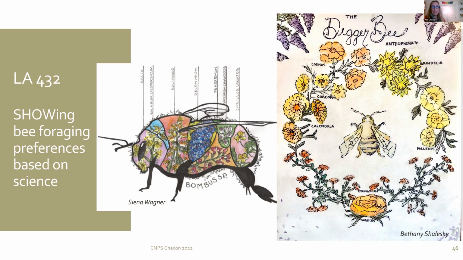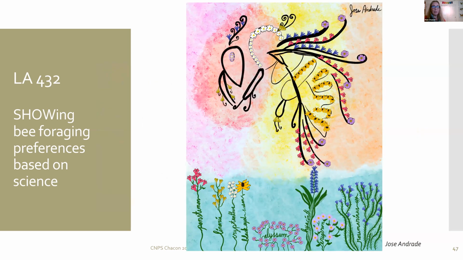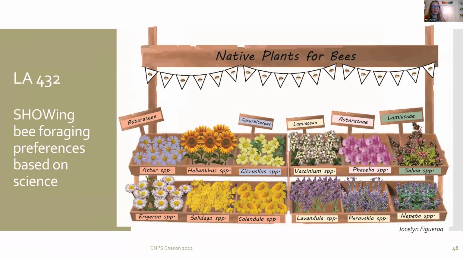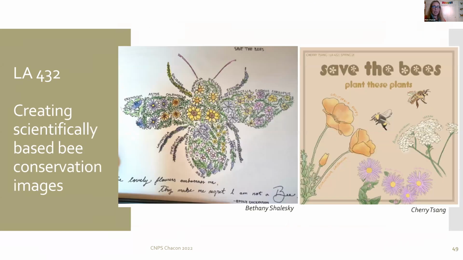We have some amazing talent in this department, let me tell you. Cal Poly, I don't know if you guys can see, but this student actually wrote the plant names on the stems of the flowers. Oh, what a great idea. Keep in mind, for each of these projects, they only had 3 days. So I don't know about you guys, but I'm pretty impressed with what they can do, okay? I want them to make images which demonstrate what is actually good for bees.